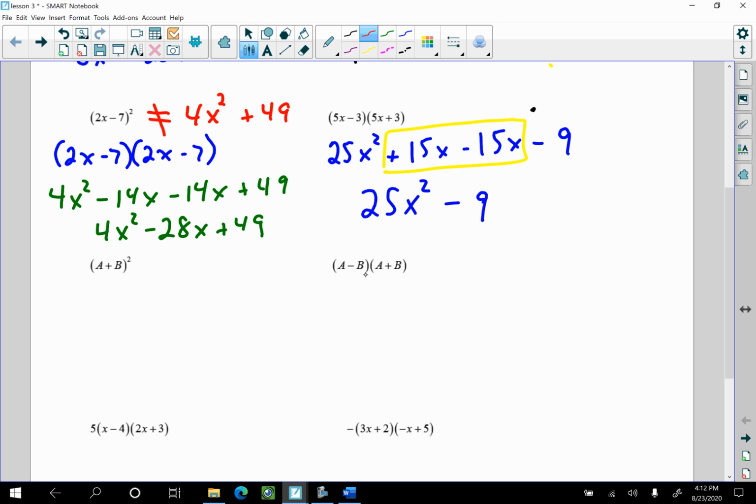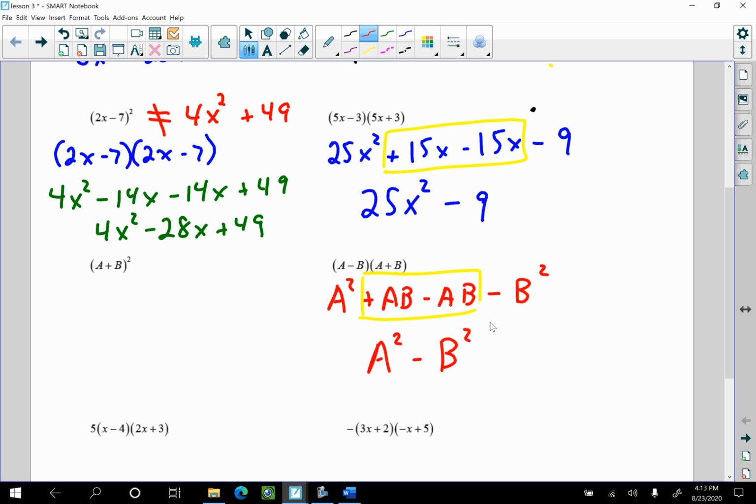In like manner, that's exactly what we're doing here. I have a minus b times a plus b. Again, I'm multiplying two conjugates. What do I get? I get a squared. A times b is positive ab. Negative b times a is negative ab. Negative b times positive b is negative b squared. Again, these add to 0, so this is going to be a squared minus b squared.